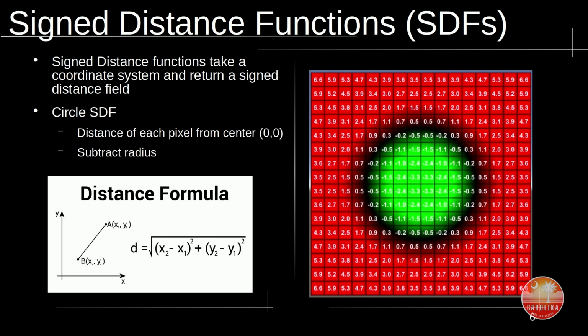If it is outside our shape, it's going to have a positive value. For the circle signed distance function, we use the Pythagorean theorem to find the distance. From this distance, we subtract the value of our radius, and that will give us a signed distance field for our circle.